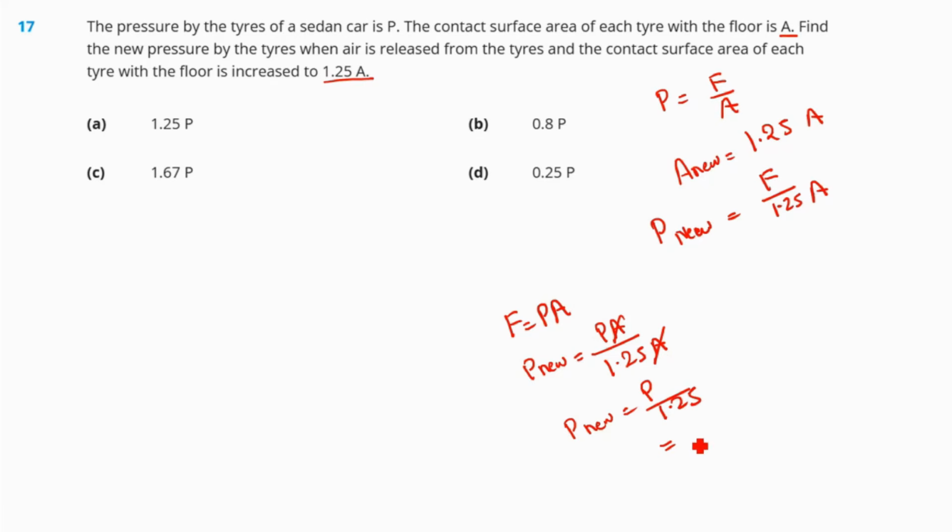So, it will be 0.8 P, right? So, our correct answer is option number B.